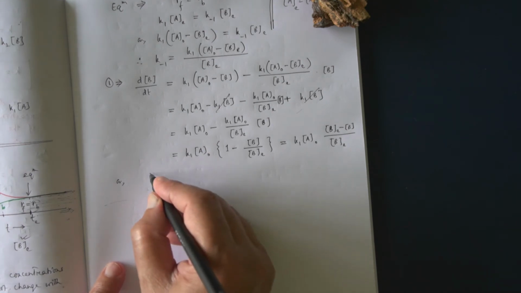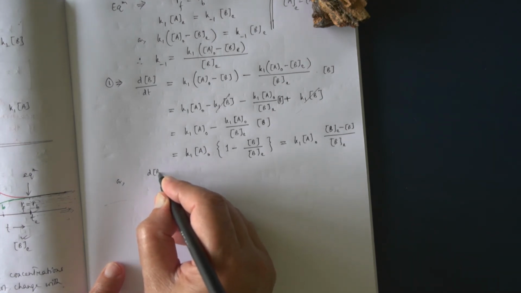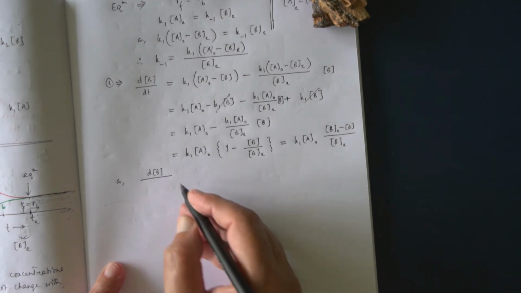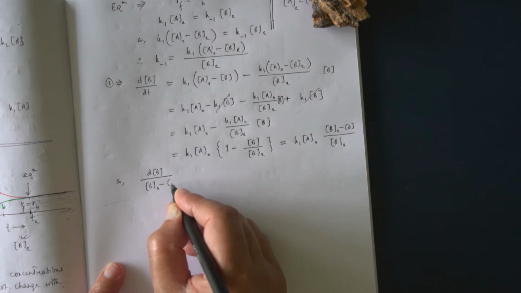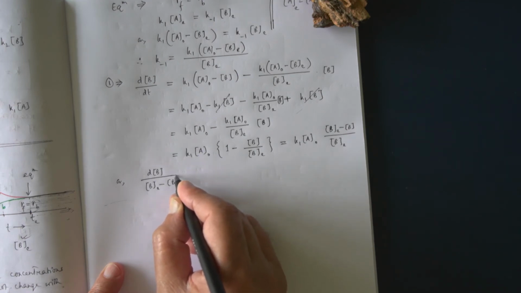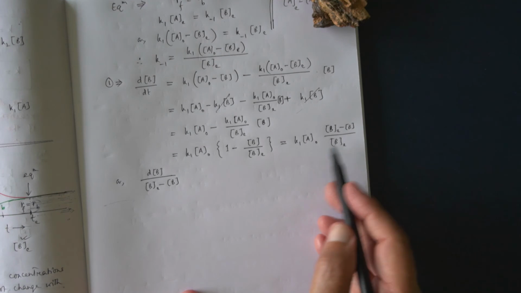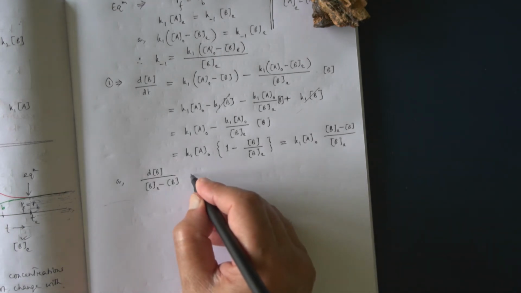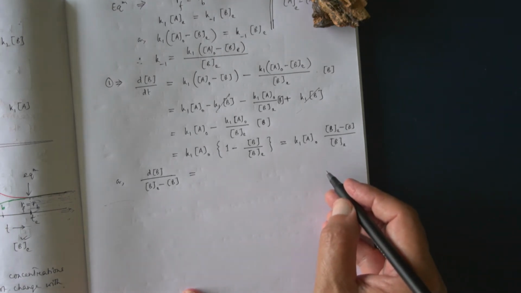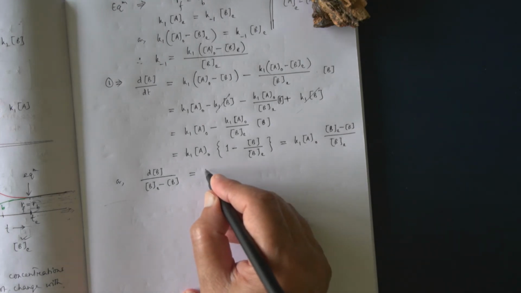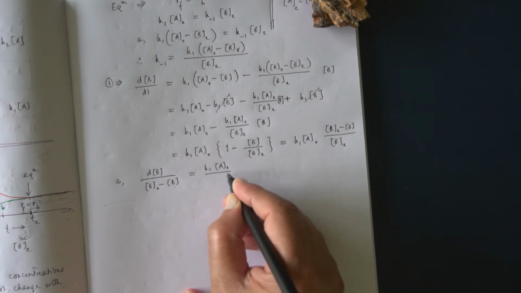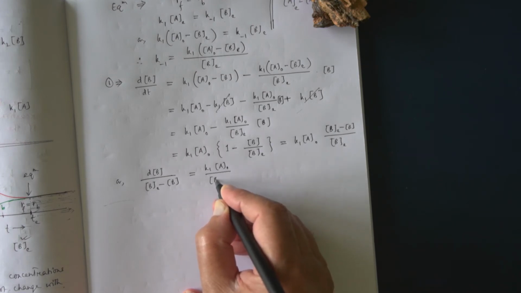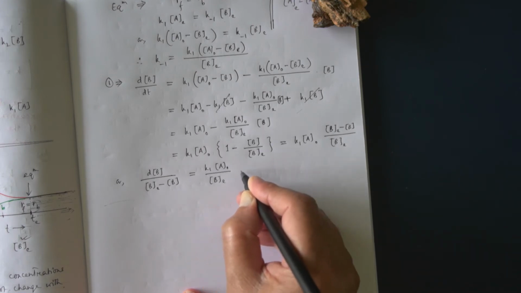So we can write db by (be minus b) equal to k1 a naught by be into dt.